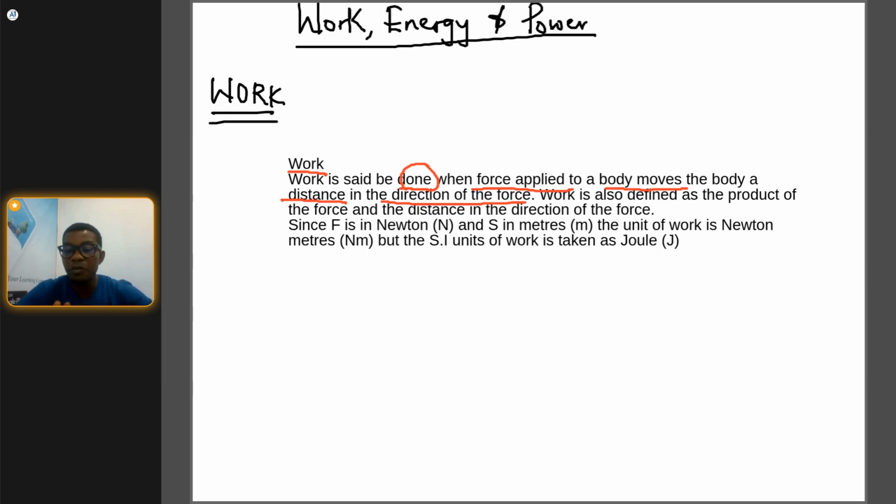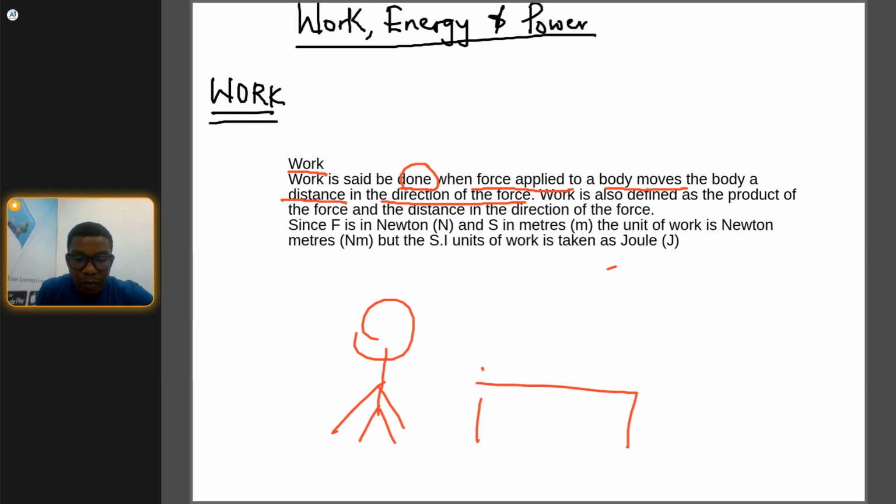So if I'm moving an object, I'm actually applying a force to an object in this direction. That means the object will be moving towards the direction of the force where I'm applying the force. To explain that, if this is a man, and let's say this a table, and the man is pushing this table, he's applying force, and what you're going to discover is that the table is moving in this direction.